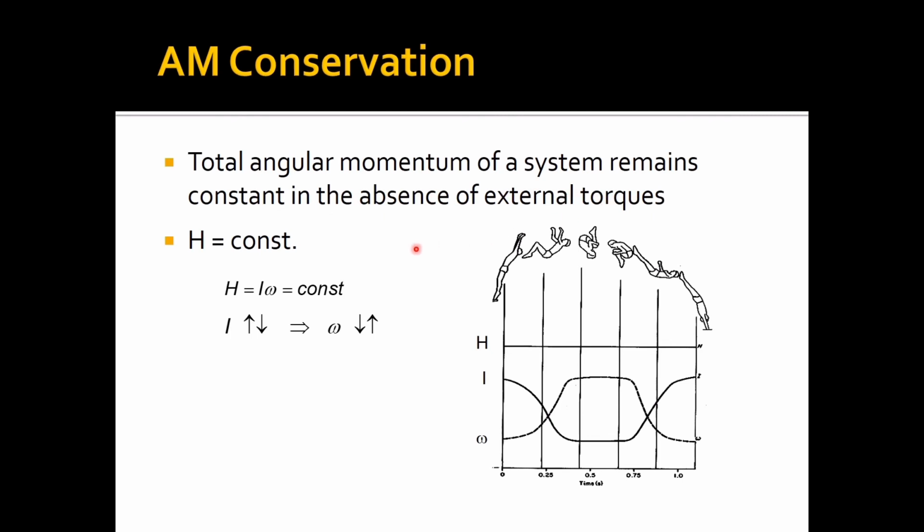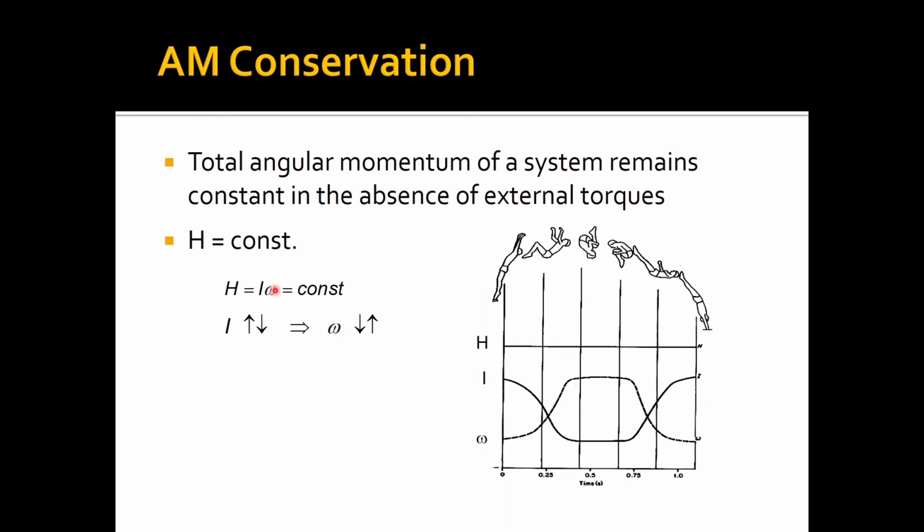Angular momentum remains constant unless we have a torque from outside. Here H represents angular momentum, and it remains constant. Moment of inertia times angular velocity will remain constant.